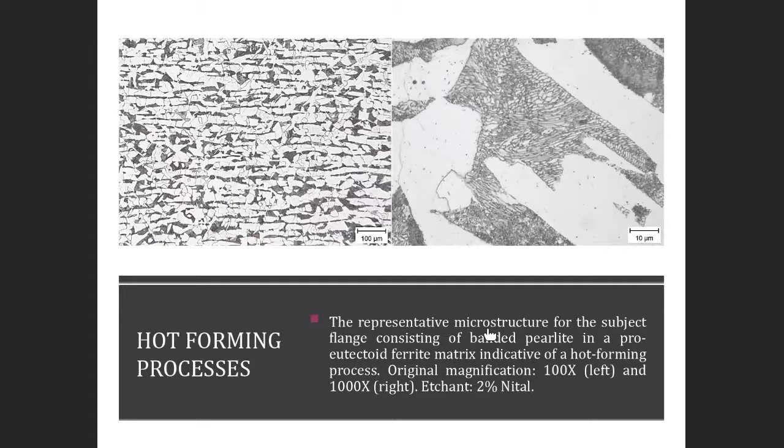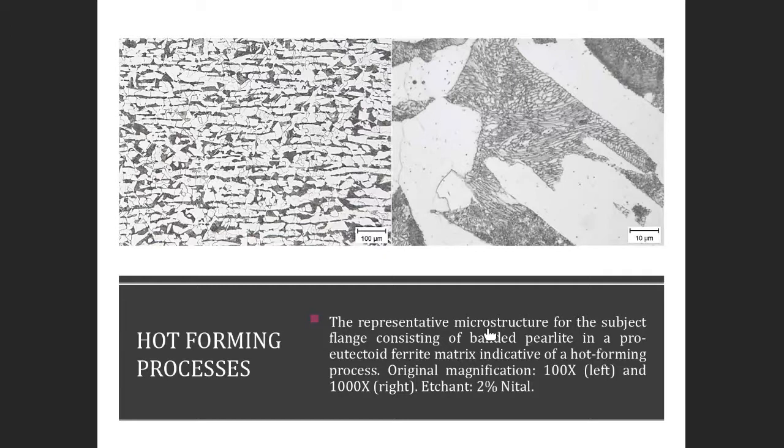In this case, this one is the representative microstructure for the subject flange, consisting of banded pearlite in a proeutectoid ferrite matrix, which is indicative of a hot forming process. So you're mentioning that it's a banded pearlite structure in a proeutectoid ferrite matrix.